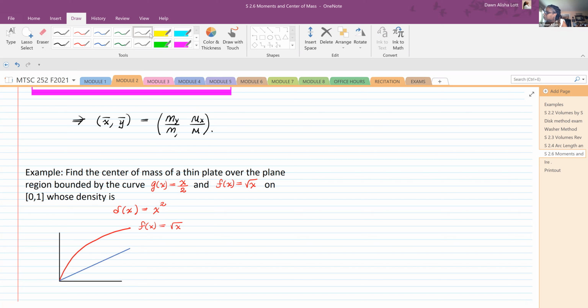And interval 0, 1. So x is equal to 1 here. All right, so this is my region.